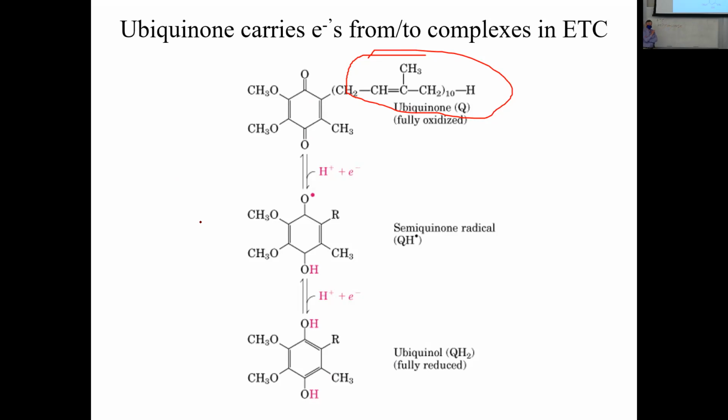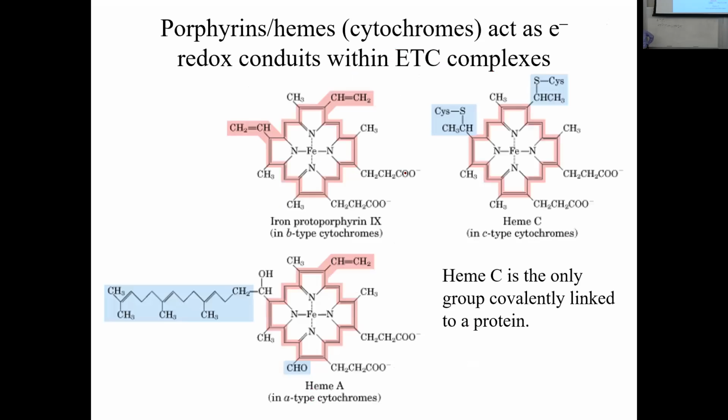But in the end, the ubiquinone is going to gather 2 electrons, and it's going to release 2 electrons to complex 3. It actually moves through the inner membrane. So it actually is part of that rather fluid lipid bilayer.